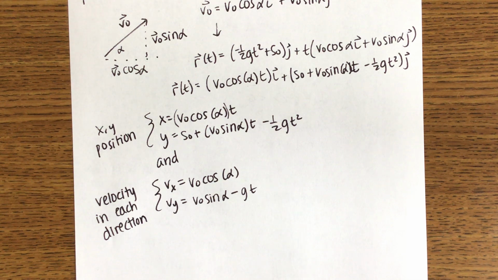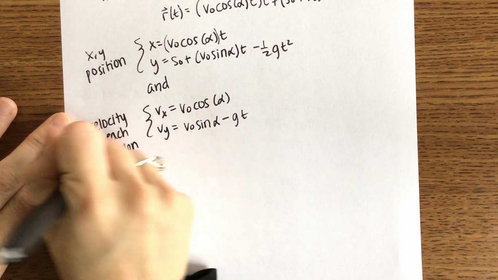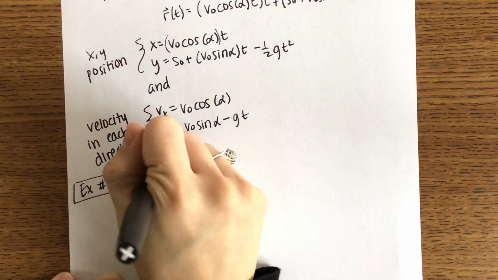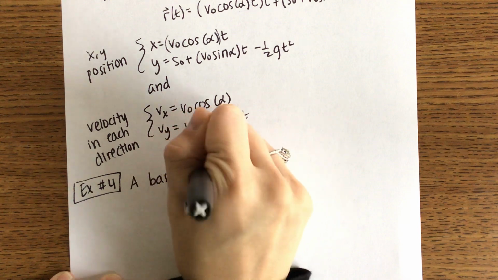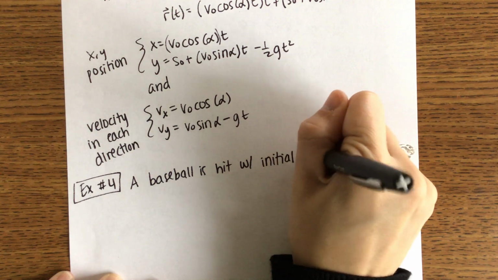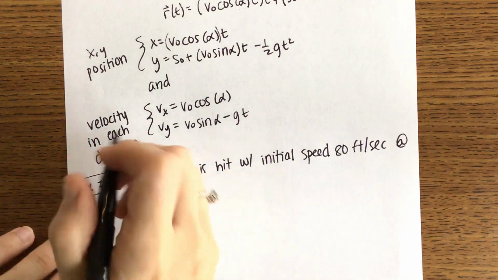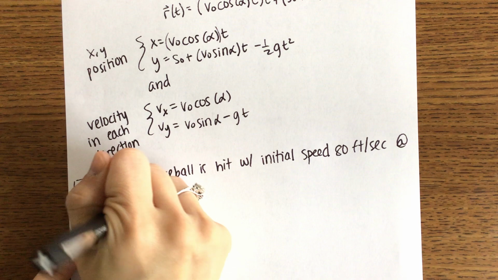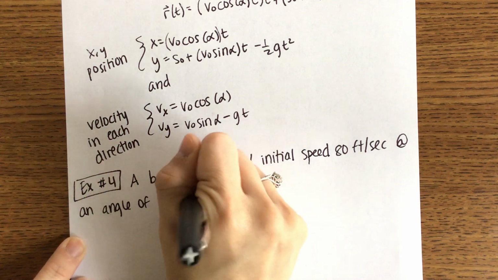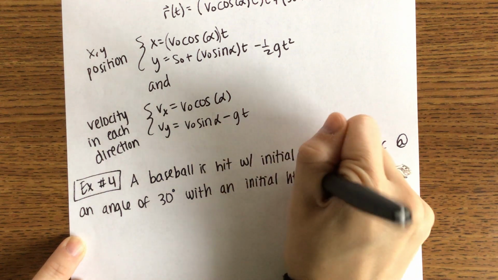Okay. We have one example to do. Sound good? Okay, it's multi-part though. The baseball is hit with initial speed of 80 feet per second at an angle of 30 degrees with an initial height of 3 feet.